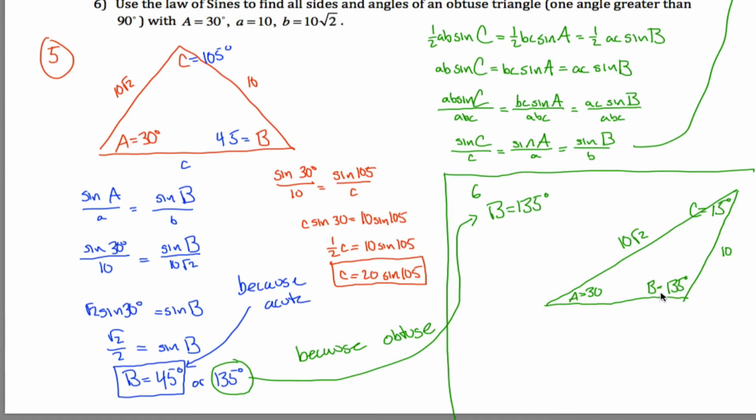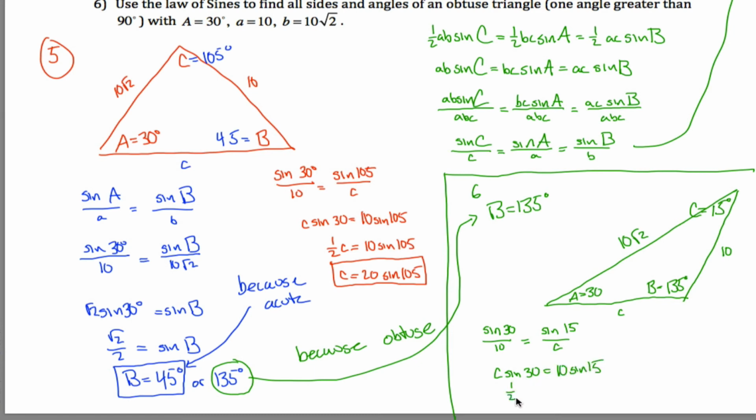So I almost have everything, right? If I could just figure out c, I'd be done. And I can figure out c the same way I did over here. I can say that the sine of 30 degrees divided by 10, sine of 30 over 10, must be equal to the sine of 15 over c. This is 15 degrees now, not 105 degrees. Law of sines. So therefore, c times the sine of 30 degrees must be equal to 10 times the sine of 15 degrees.